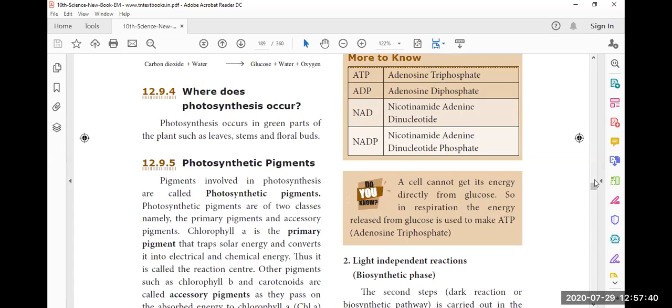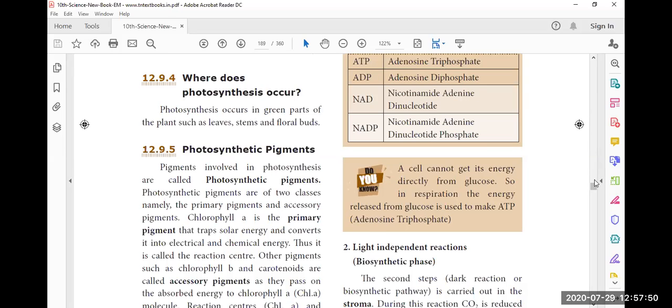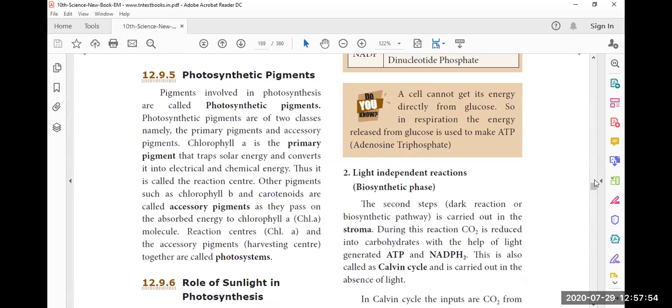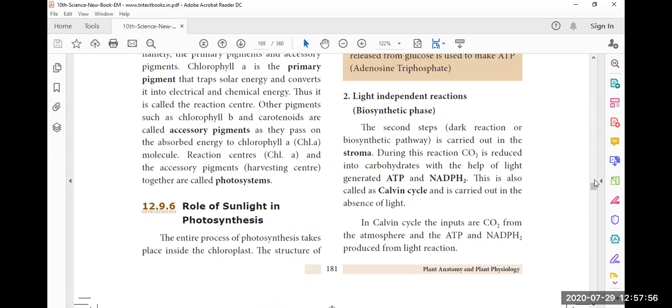The energy is obtained by the cell in the form of ATP. In respiration, the energy released from glucose is used to make ATP. The light independent reaction is otherwise called the biosynthetic phase or dark reaction.